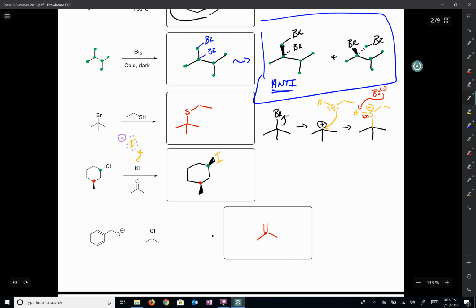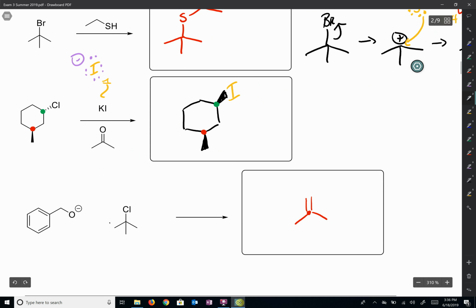Let's show this mechanism real quick. This is E2. We could pick any of the carbons out here. Any of those carbons are equivalent, I just picked the one that was closest to my base there, that's all.